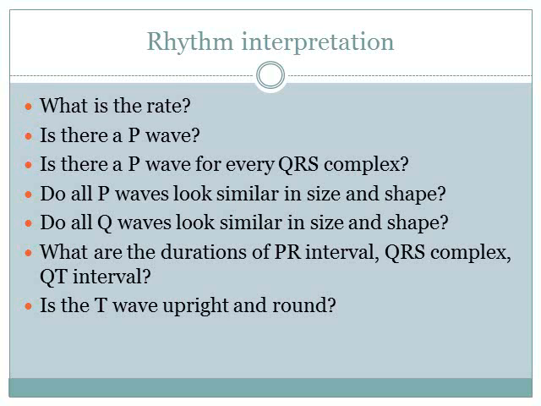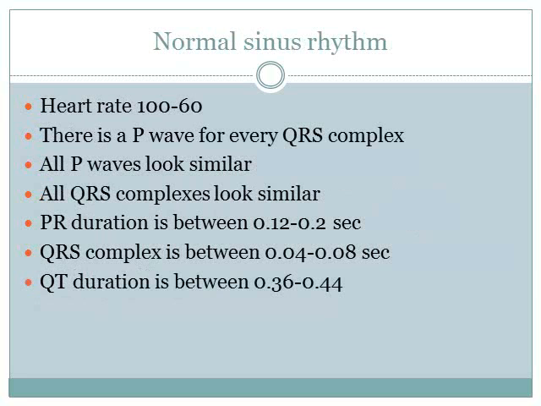It would be nice if you can remember these questions, because this is all you need to understand ECG and interpret ECG rhythms. As an example, we will talk about the normal sinus rhythm, that is the rhythm in a normal heart. The heart rate is between 60 and 100, and if it is over 100, we call it tachycardia.